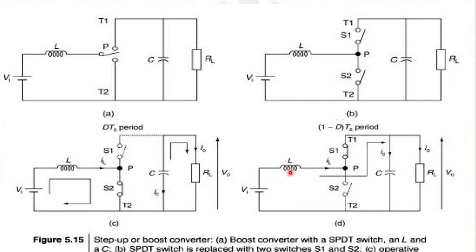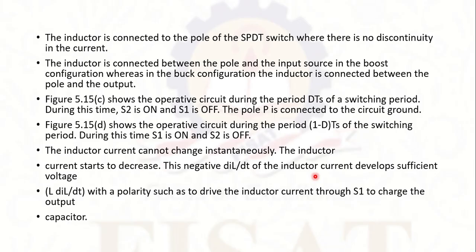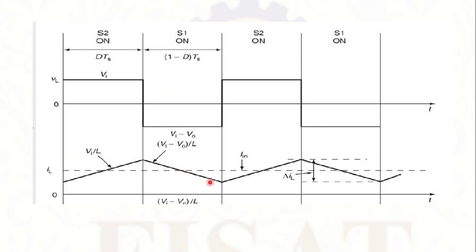Therefore the current through the inductor changes as Vi minus Vo divided by L, and that is represented in the waveforms.